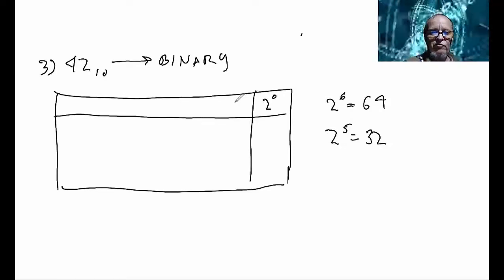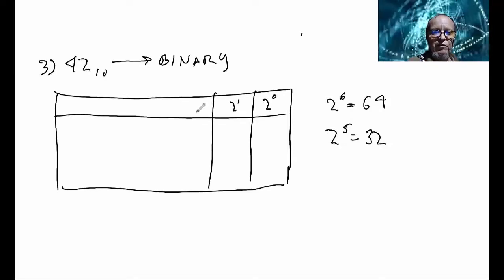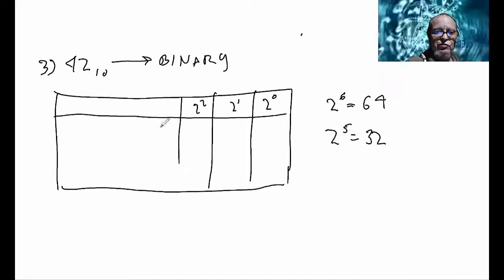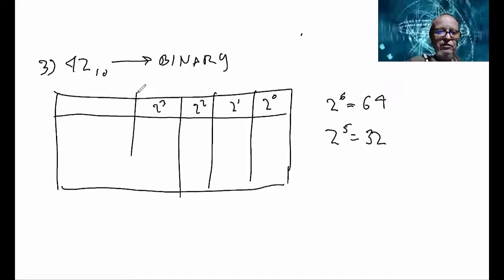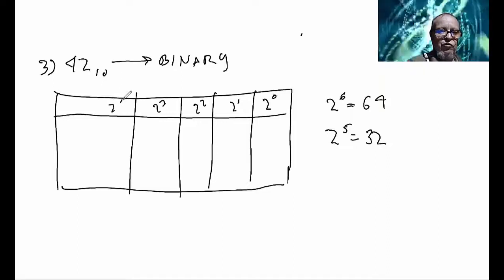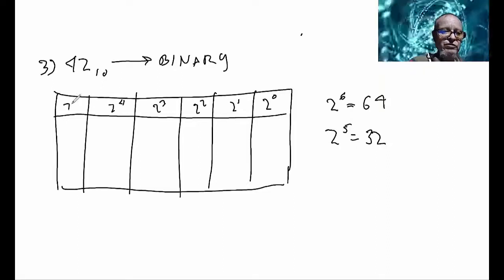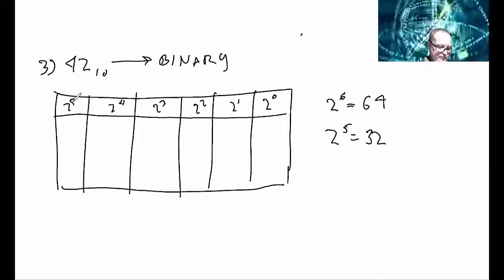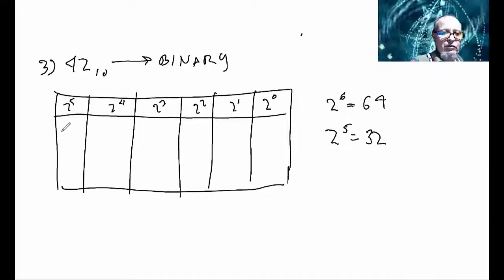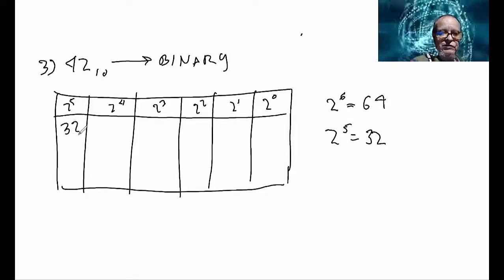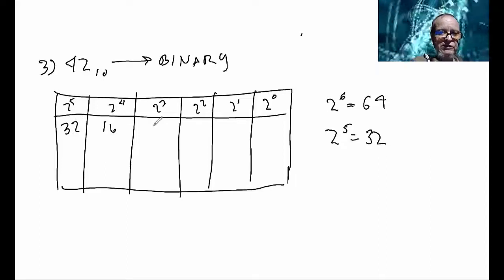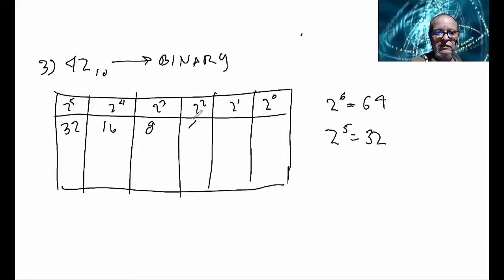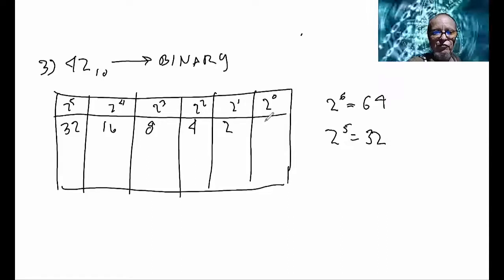We have 2 to the 0, 2 to the 1, 2 to the 2, 2 to the 3, 2 to the 4, and our last 2 to the 5th. And we know this is our 32s, this is our 16s, this is our 8s, this is our 4, 2, 1.